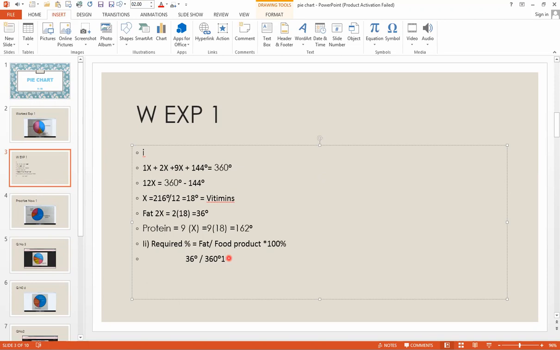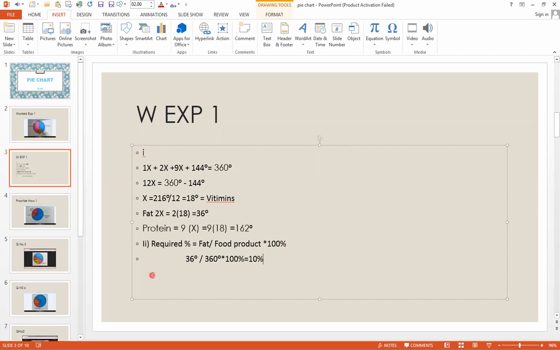Okay, 100%. There ho gaya, 36 divided by 360 degree multiplied by 100%, and all that is equal to 10%. And you have to cancel it, and after that you find that it is equal to 10%. So required percentage of fat in the food product is 10%.